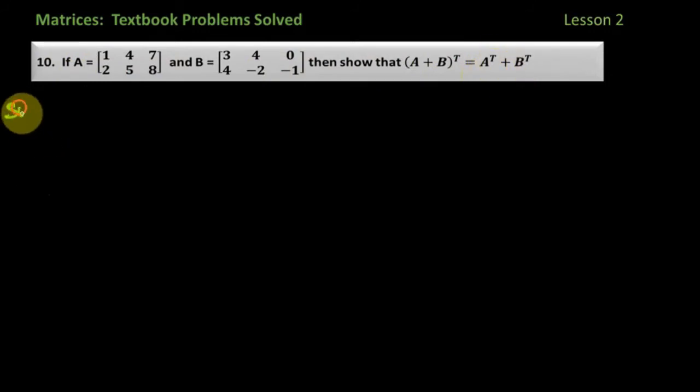So this property is also important. You should remember this, that A plus B whole transpose will be equal to A transpose plus B transpose. Okay, means what? After adding A and B, if I do the transpose, that will be equal to, individually if I do the transpose and add those two, that is also equal to this.